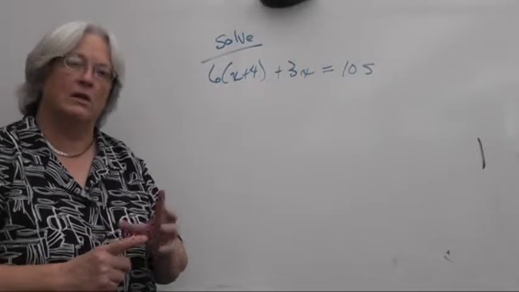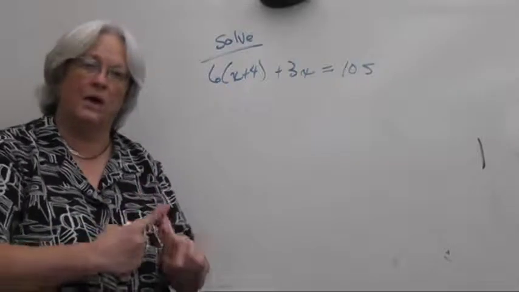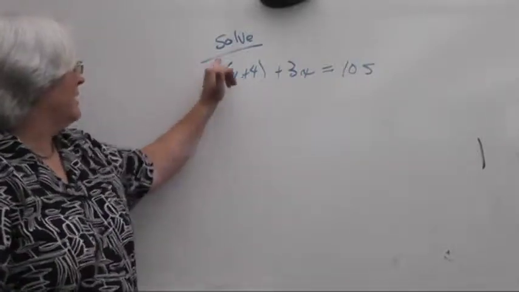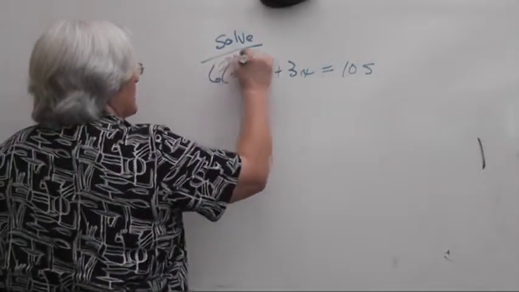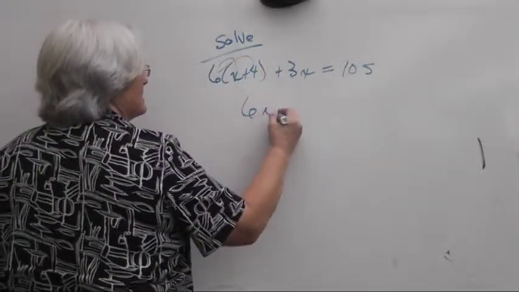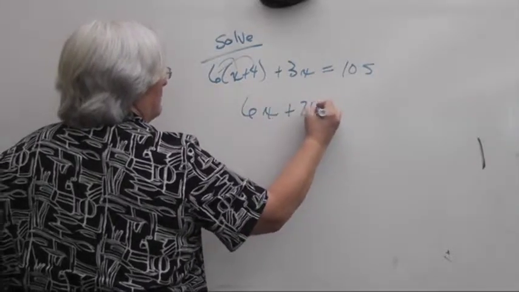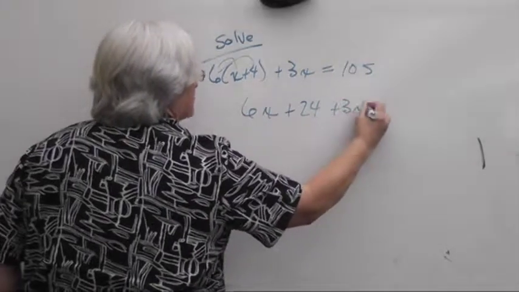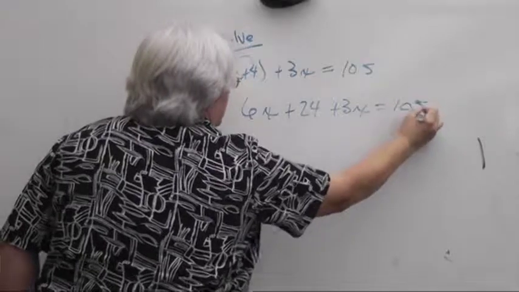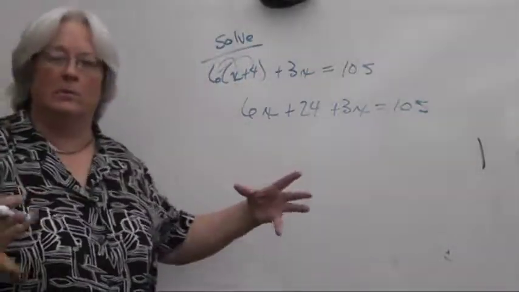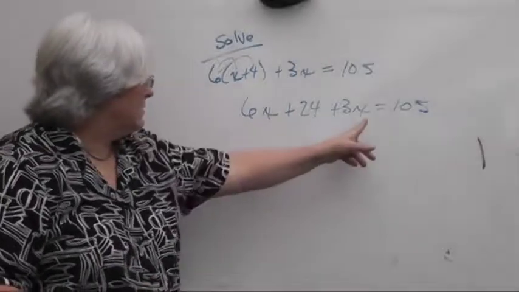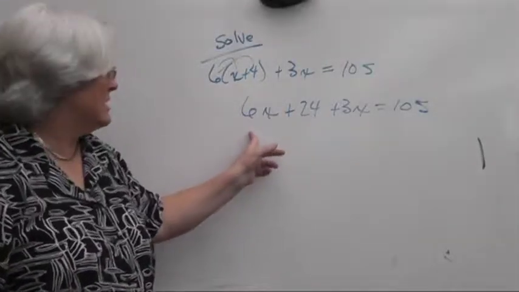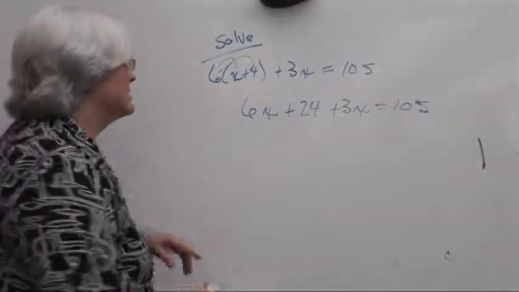So before you can figure out what 1x is equal to, we're going to have to apply the distributive property here. 6 times x, 6 times 4. So you have 6x plus 24 plus 3x is equal to 105. We still have a mess on the left-hand side of the equation. So we are going to combine like terms. 6x plus 3x, 9x.